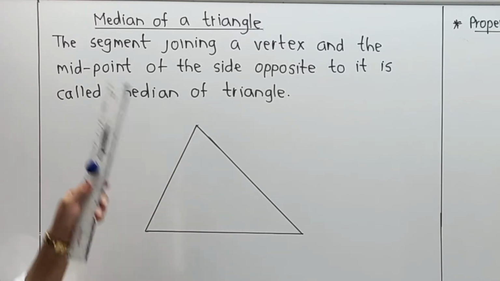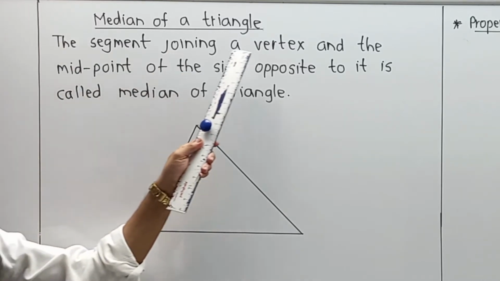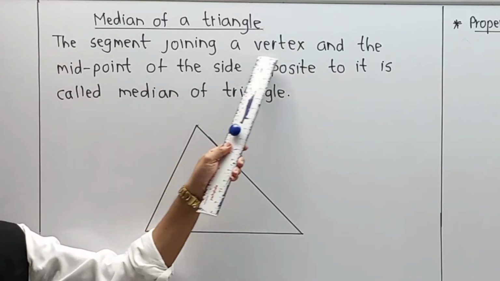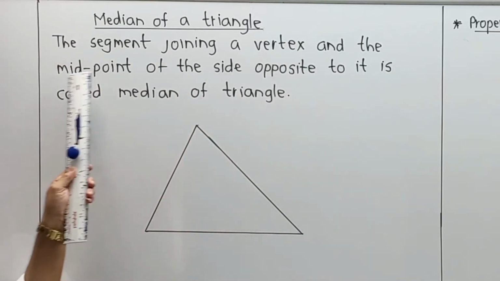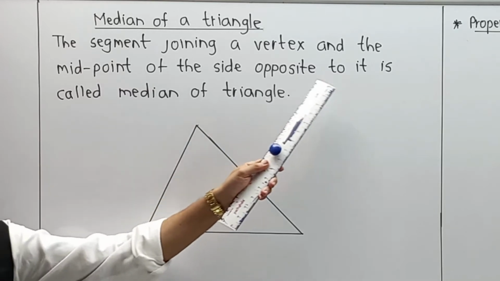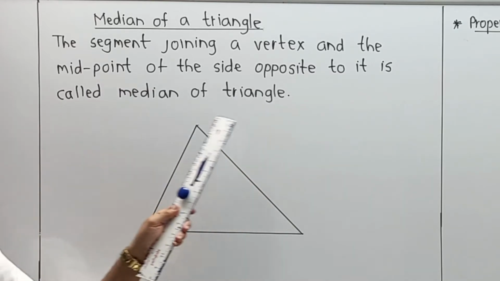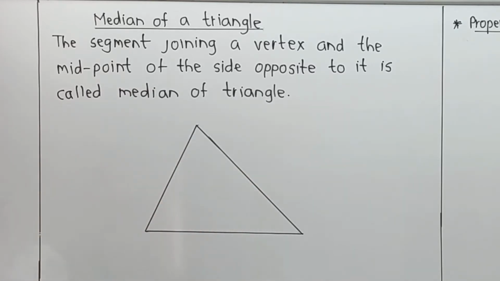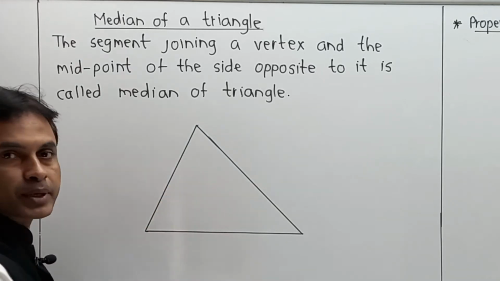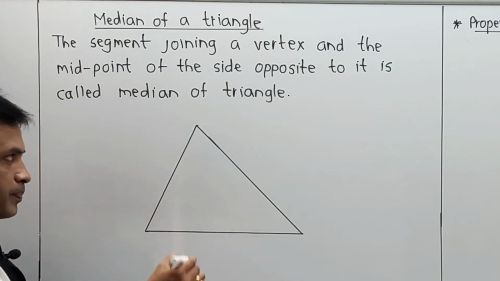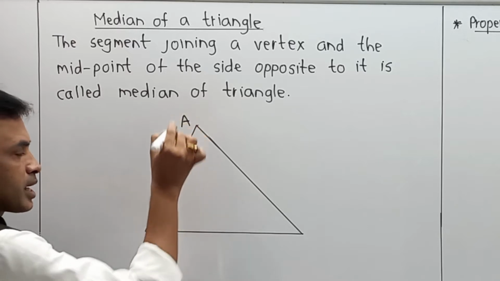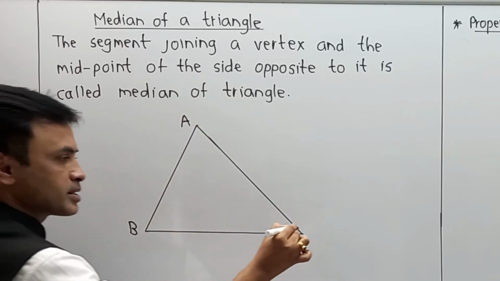I repeat the statement: the segment joining a vertex and the midpoint of the side opposite to it is called the median of a triangle. What does it indicate? Let us try to understand from a diagram point of view. Here, let us say the name of the triangle is ABC.